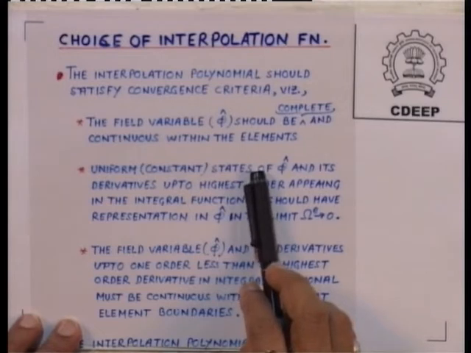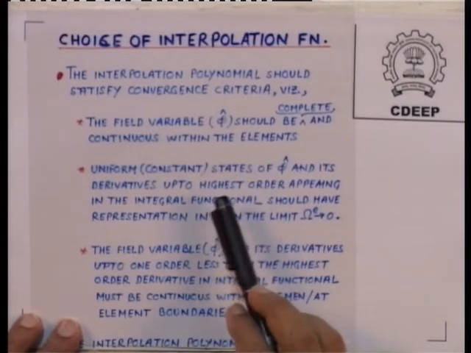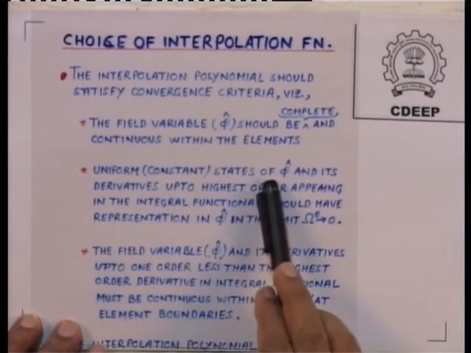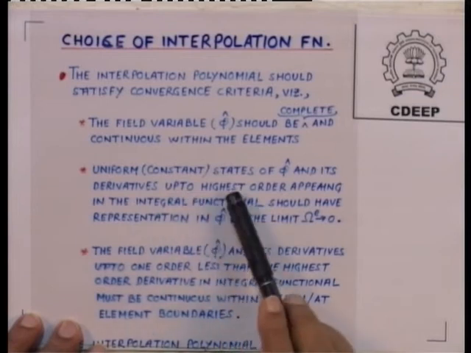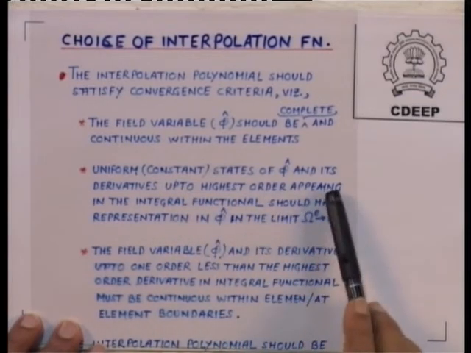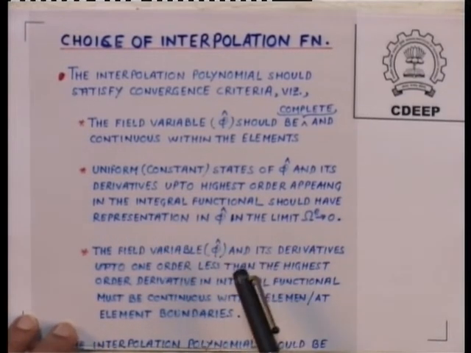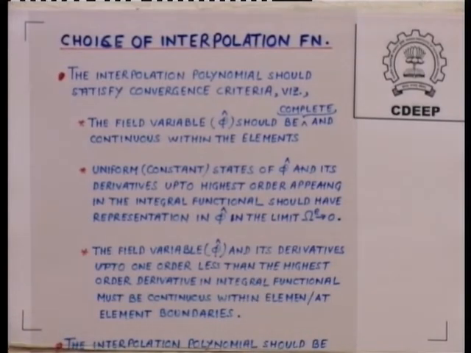Then uniform or constant state, that is, I have been telling that triangle meets the requirement, that is strain is constant, CST element. So, uniform or constant state of the variable and its derivatives up to the highest order that is appearing in the integral function. Where does this integral function come?